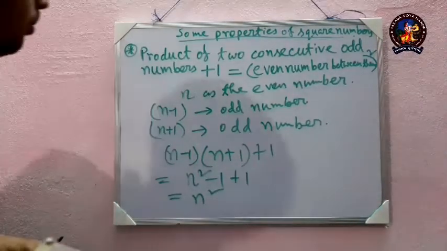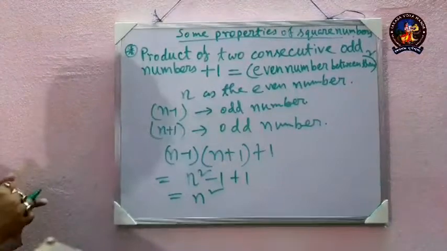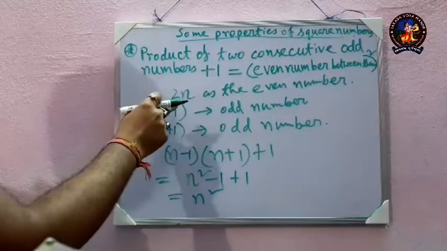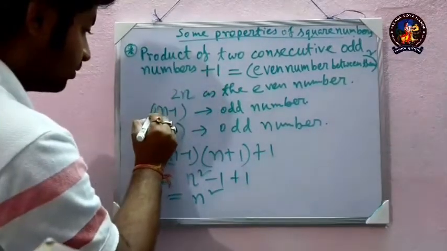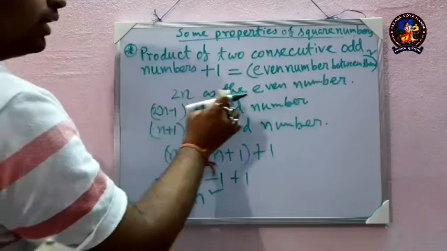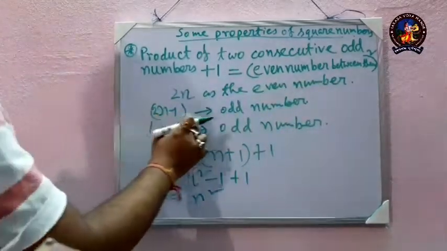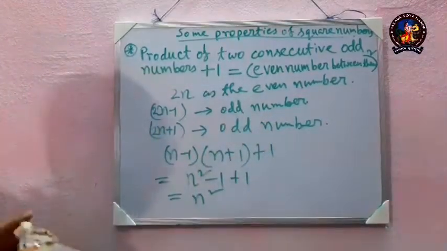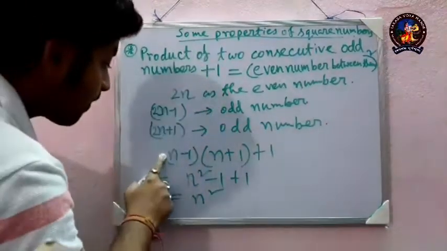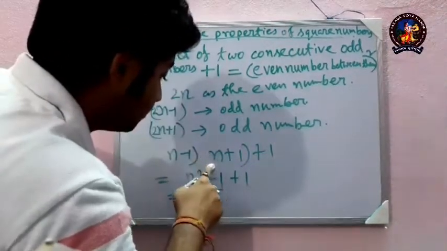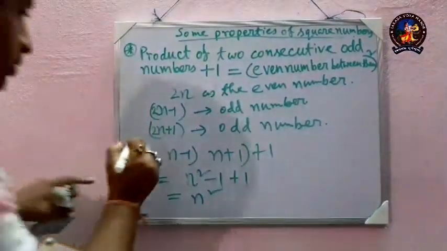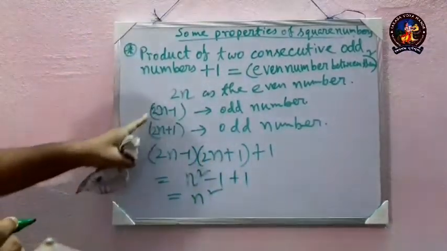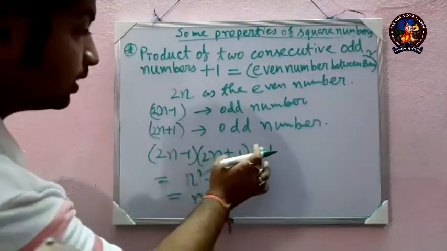Some students may take 2n as the even number in the place of n. Then also the result will be the same. If 2n is the even number, then 2n minus 1 is an odd number and 2n plus 1 is the other odd number. Then according to the pattern, the product of these two consecutive odd numbers will be this, and plus 1.